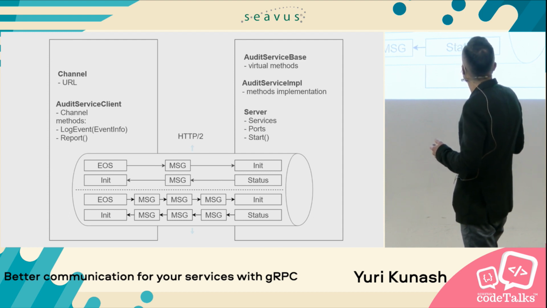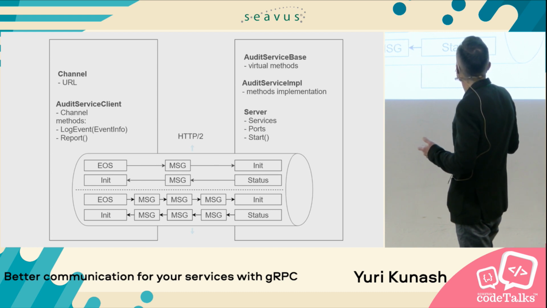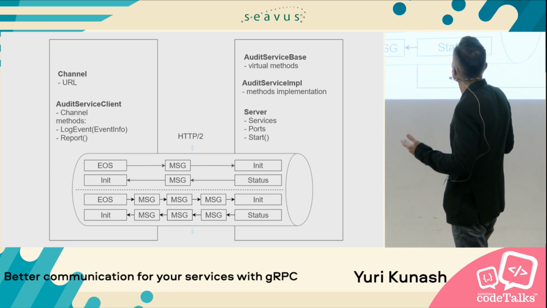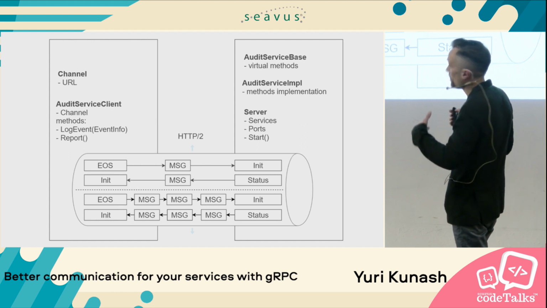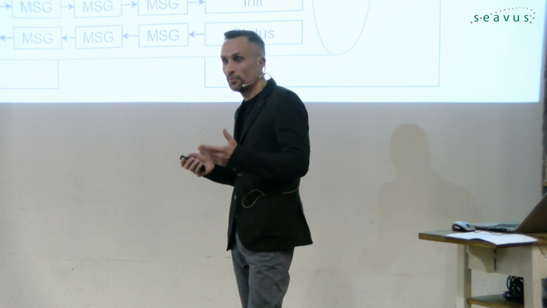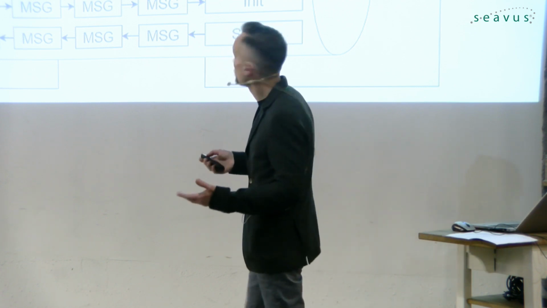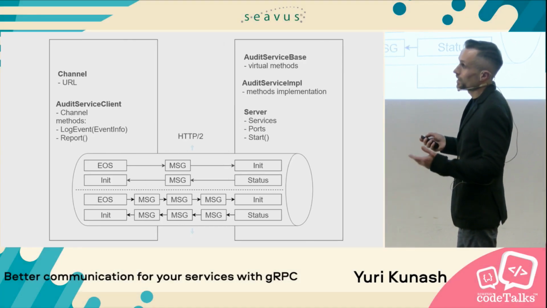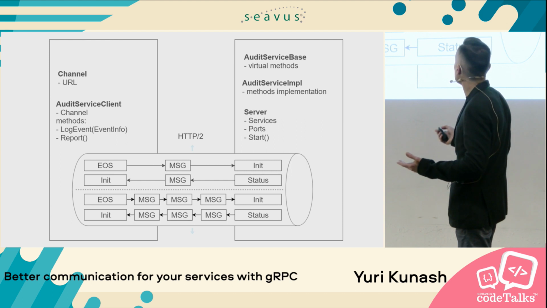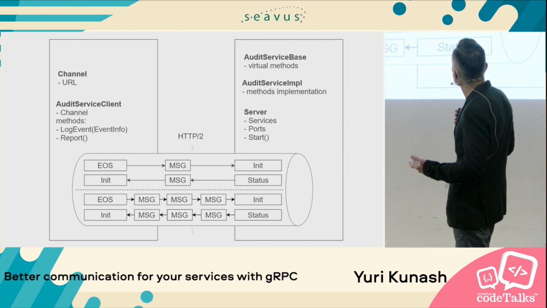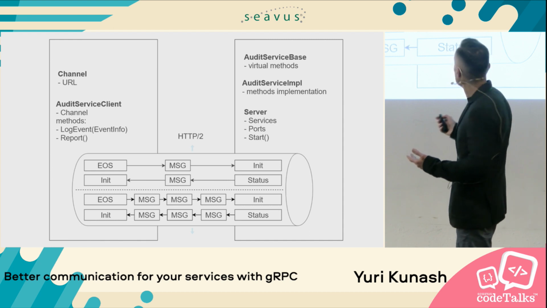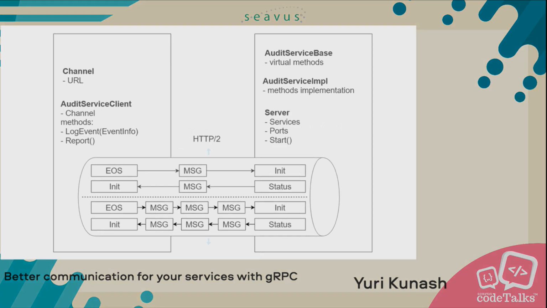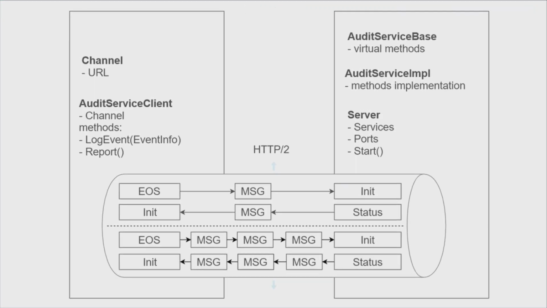On the server side, the first class which will be automatically generated is the base implementation of this service, which will contain the virtual methods which you've declared in the proto file. And of course, you need to create an implementation of these virtual methods. Nobody else but you will be able to do that. So for the implementation, you will create an implementation class, inherit it from the automatically generated service base class, override the methods and put the implementation inside.